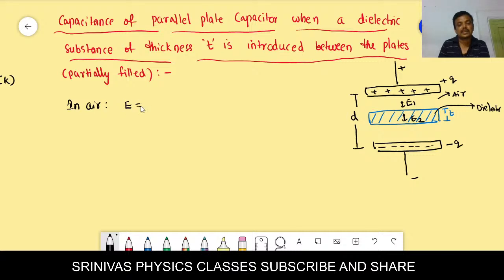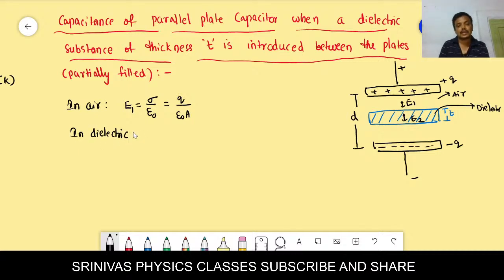Previously in air we derived E1 equals sigma by 2 epsilon naught plus sigma by 2 epsilon naught, that is sigma by epsilon naught. With sigma as q by A, we write it as q by epsilon naught A. This is the electric field in air, that is E1. Now I want the electric field in the dielectric, which I am considering as E2.